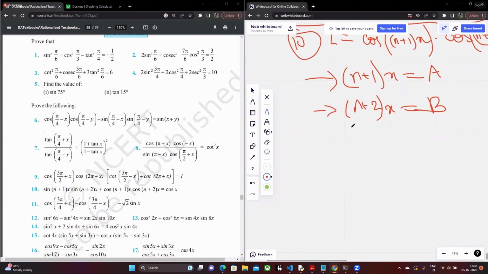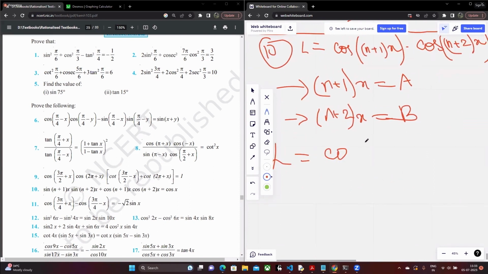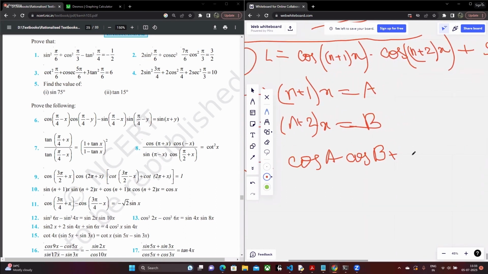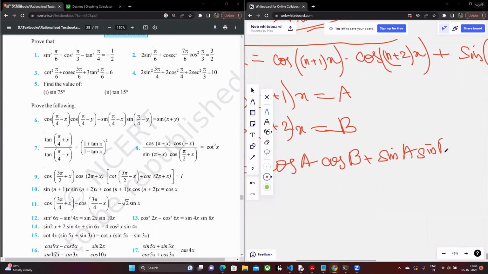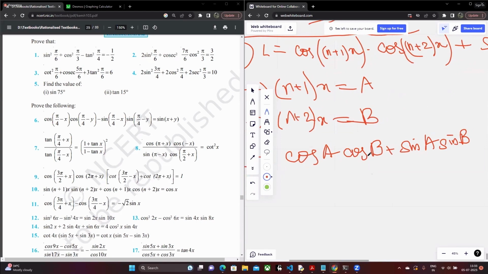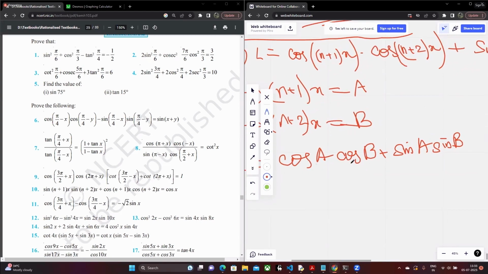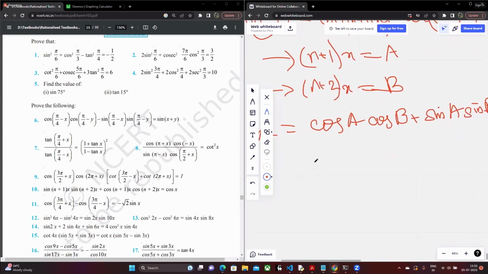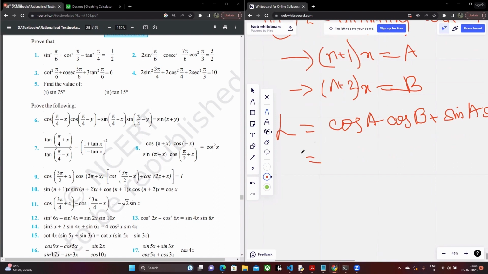Right? Therefore, L is going to be equal to cos a cos b, plus this is sin a sin b. We will remember that cos x cos y plus sin x sin y is basically cos of x minus y, or cos of y minus x, whatever. Both are the same, because cos of minus x is cos x. So you have this to be cos of a minus b.